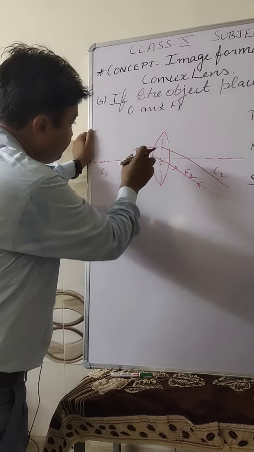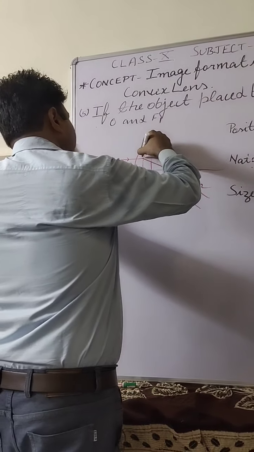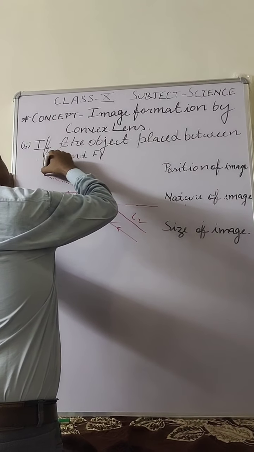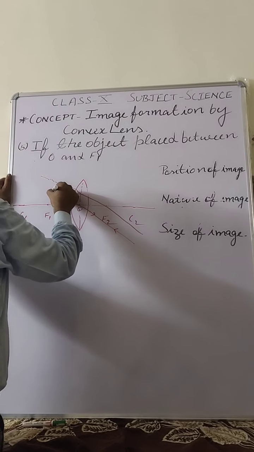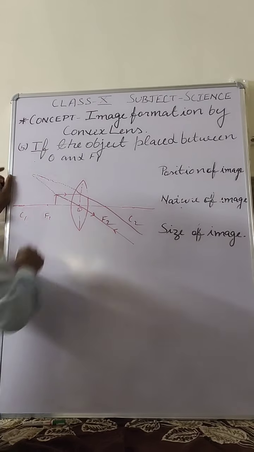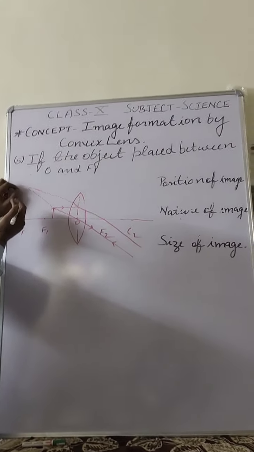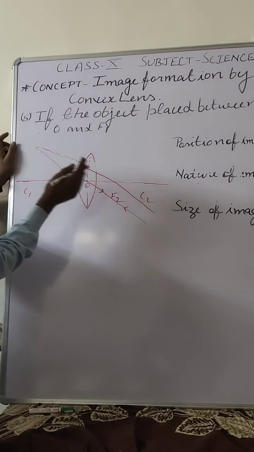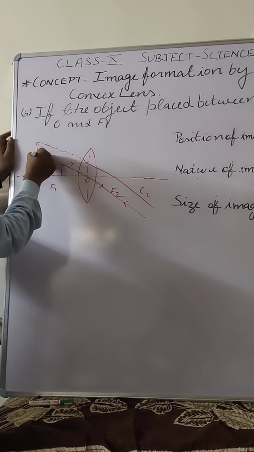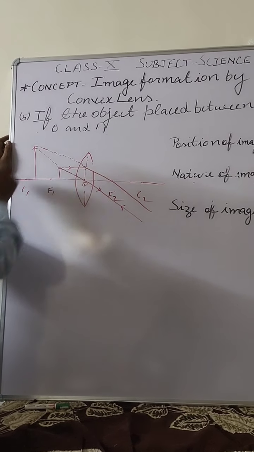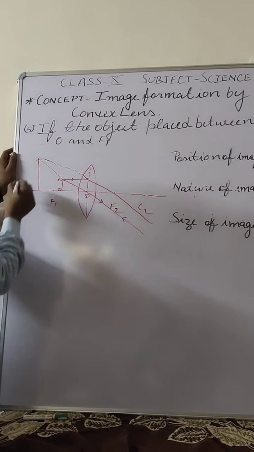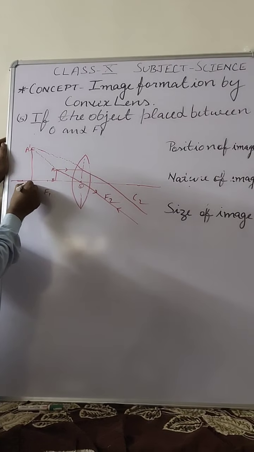Now these rays appear to meet in front of the lens, at the side of the incident ray, and the image will be formed here. It is the image, and this is object AB, and it is the image A dash B dash.